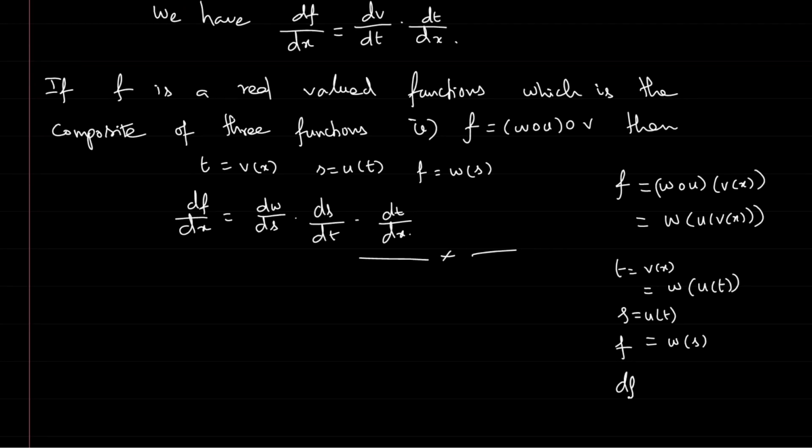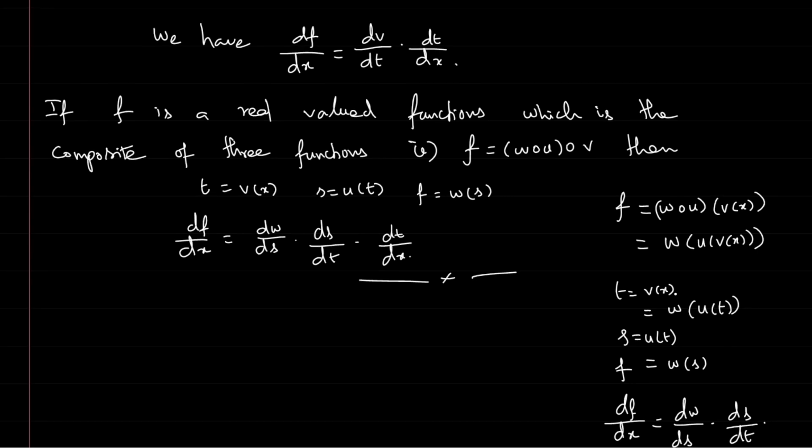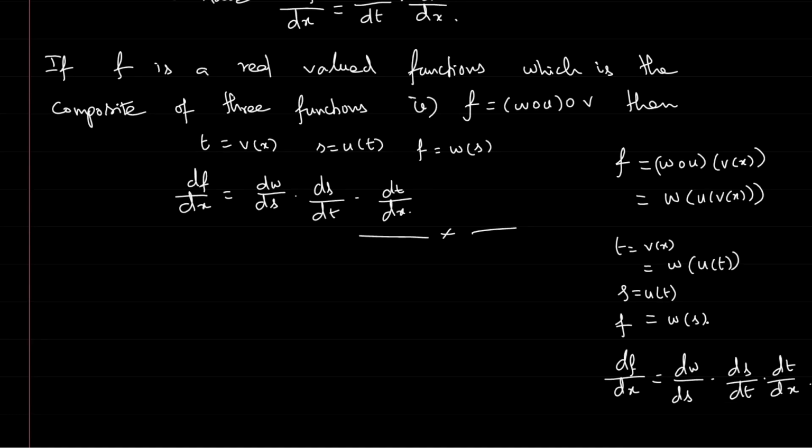Now if you see the differentiation, df by dx is dw by ds, since w is a function of s, into ds by dt, s is a function of t, and t is a function of x, dt by dx. So this is the chain rule. The definition is here, df by dx is equal to dw by ds into ds by dt into dt by dx. So this is simply the explanation of the differentiation of composite of three functions.